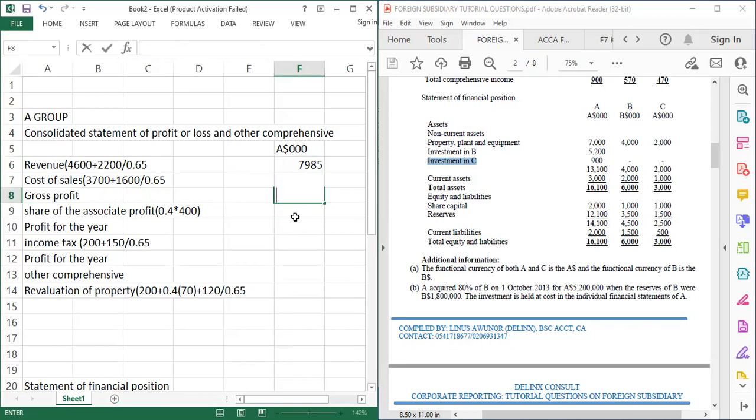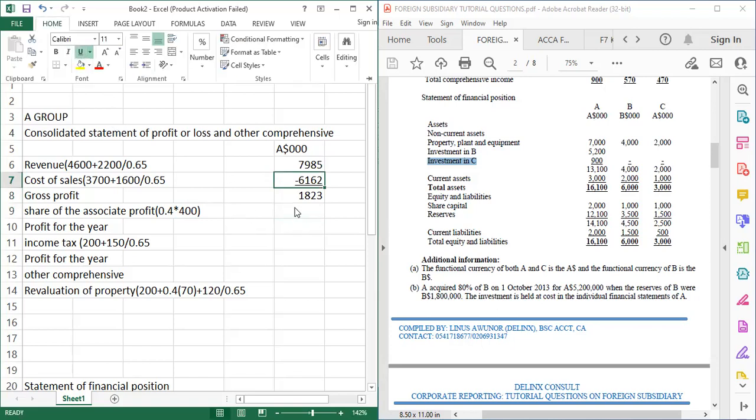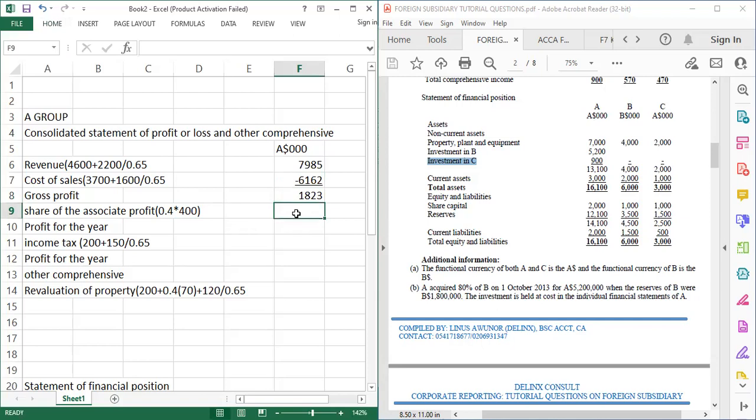Okay. What will be the share of associate profits? 0.4 multiplied by 400. It will give us 160.